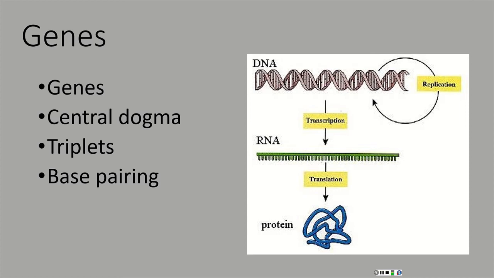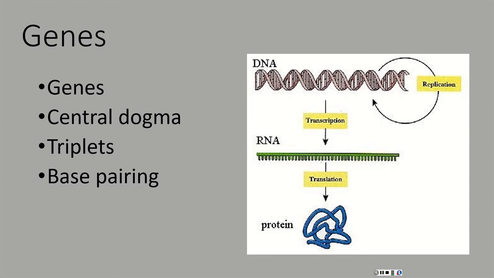And when we're talking about genes and DNA and RNA of various types, we're going to fall back to something we learned at the end of chapter 2, and that is base pairing. Remember, when we're talking base pairing, A and T always go together in DNA. C and G always go together in DNA. And also we said that in RNA of any sort, there is no T, there is no thymine.